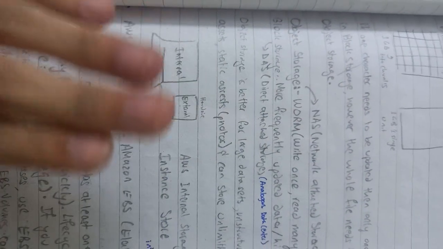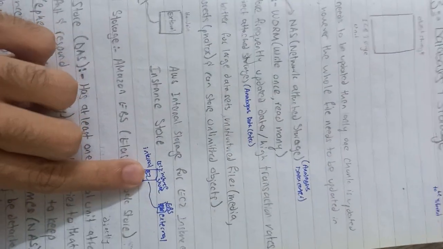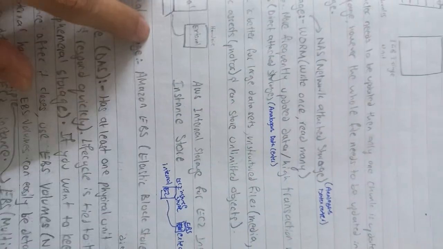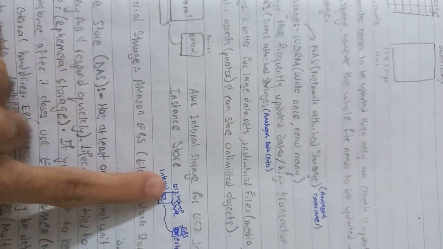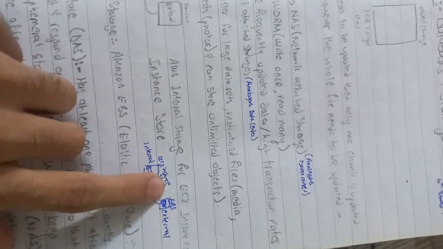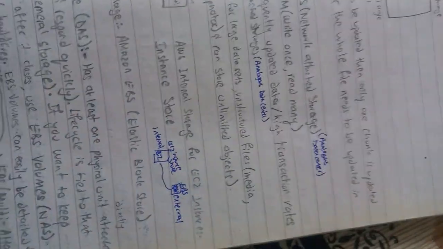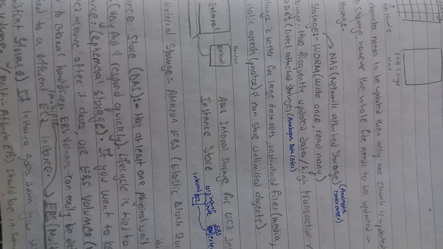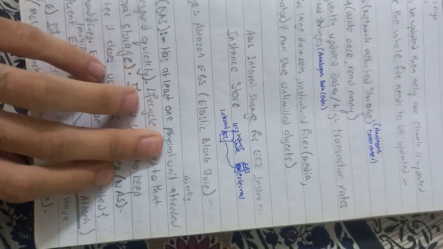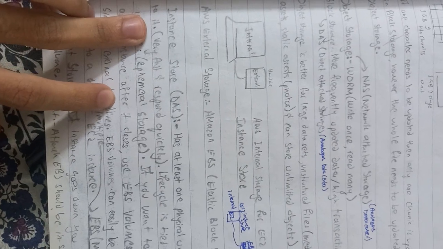Similarly, when you're creating your EC2 instance, I'm sorry for the very bad drawing, the internal hard drive is basically your EC2 instance store, and your external hard drive, in this case for the EC2, is your EBS, Elastic Block Storage. So what is an instance store and what is EBS? Instance store is like a physical unit directly attached to your EC2.